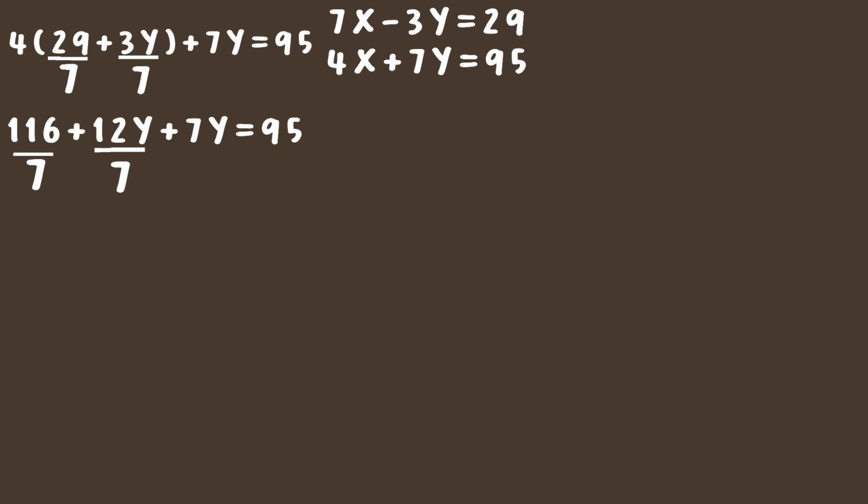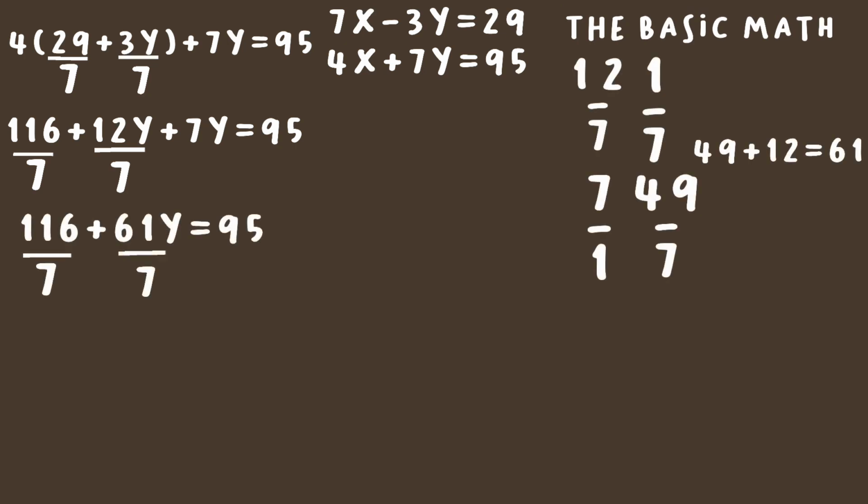I added like terms, and I had 116 over 7 plus 61 over 7y equals 95. And then I moved the 116 over 7 to the 95 to get y by itself.